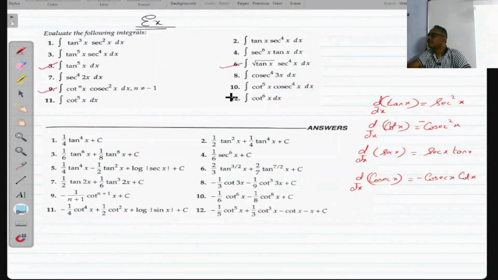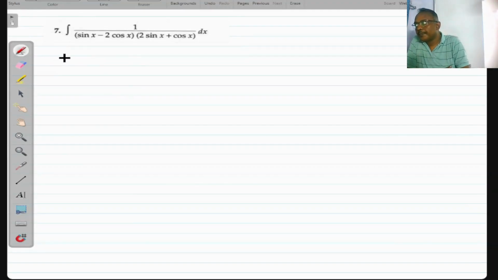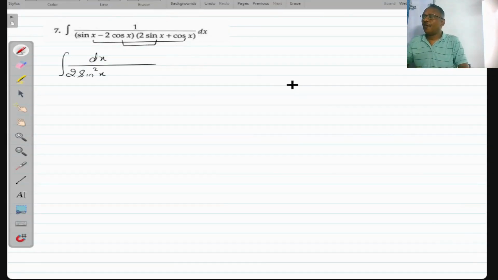Write down. In the denominator, it will become sin x into sin x is 2 sin square x. Sin x into cos x is sin cos minus 4 sin cos. So that makes it minus 3 sin cos.